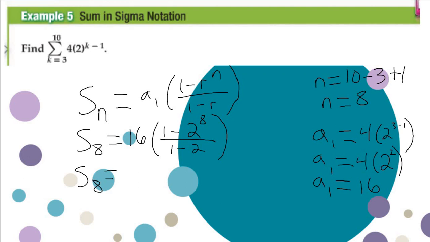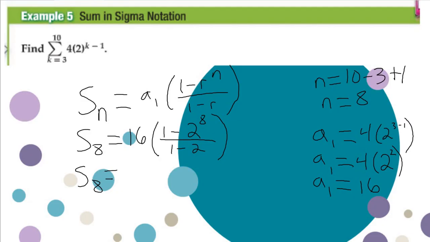We just put the 2 because that's what the 4 is multiplied by. Whatever has the exponent on it is your r. Because you're multiplying each time, it gets raised to a new power.